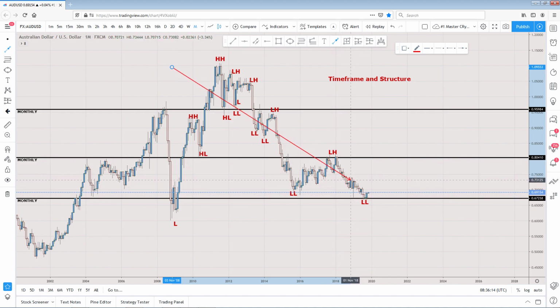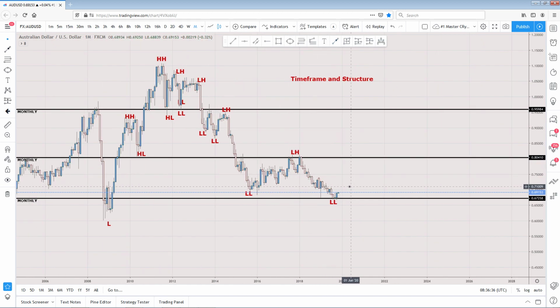We could have kept selling. Actually, this downtrend started here, in January 2018. And we're in 2020, so we could have been selling for 2 years just because we knew market structure on the monthly time frame. So I just wanted you to see that on the monthly time frame we have structure.